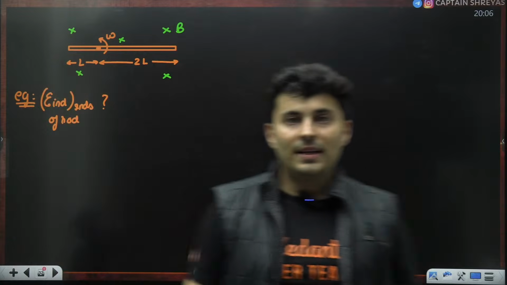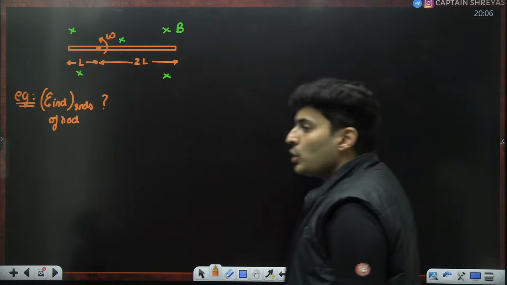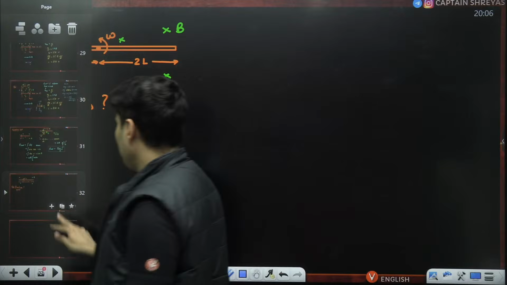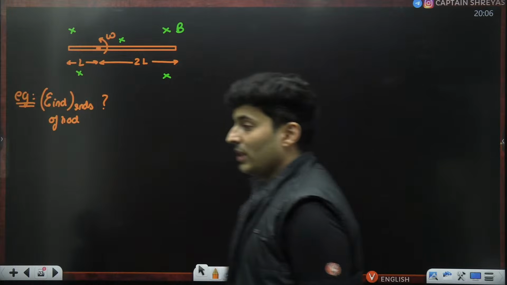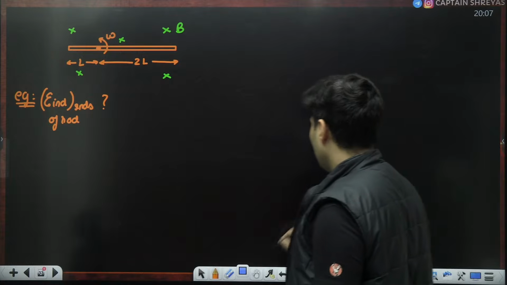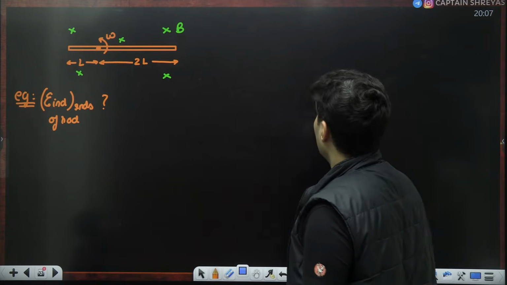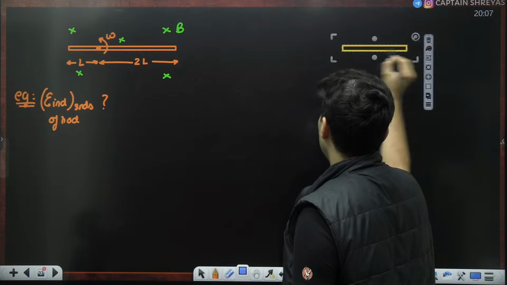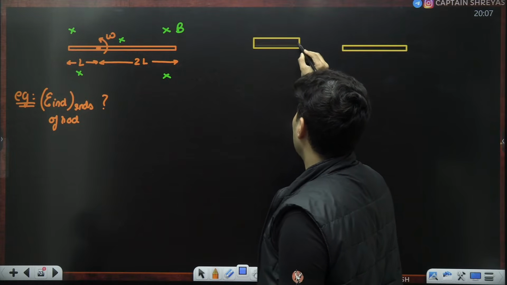What you need to understand first is that you have to divide this particular problem into two parts. Without that, you are doing something wrong. First part of the problem is the right side part. The second part is the left side part.